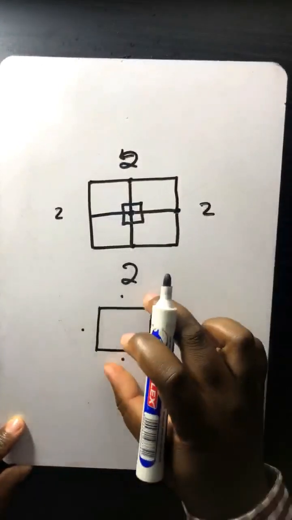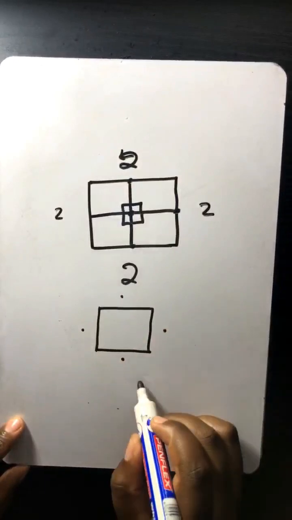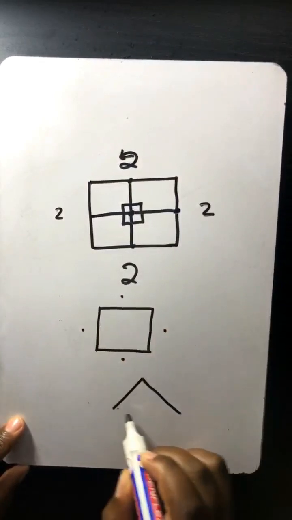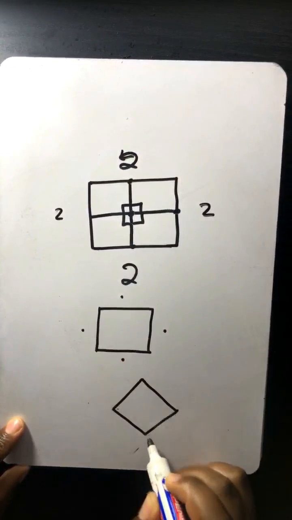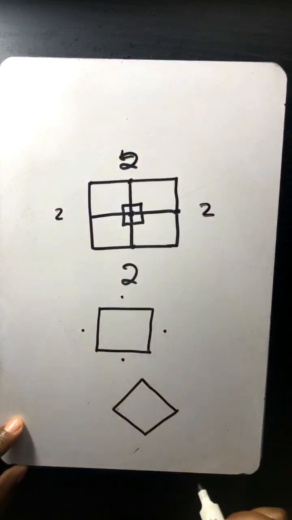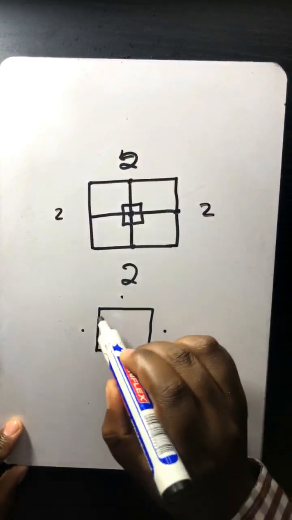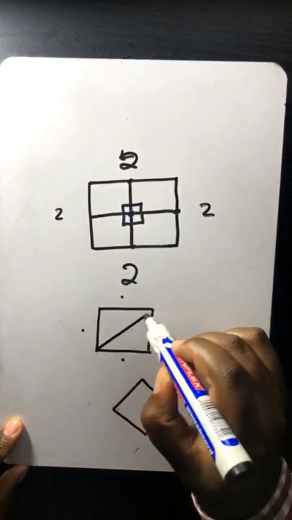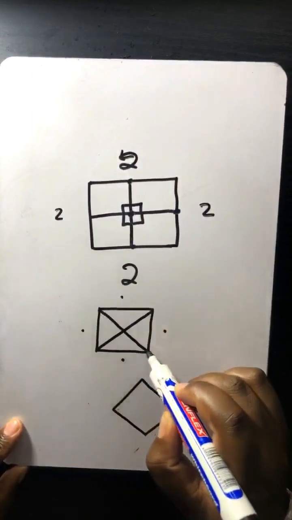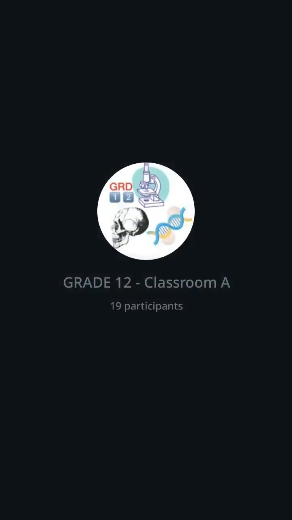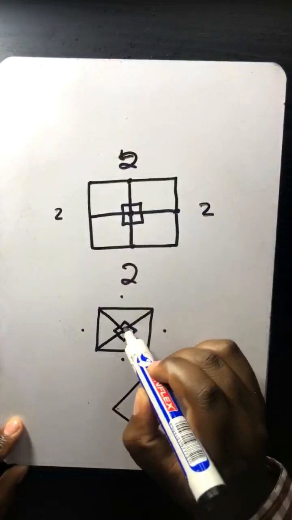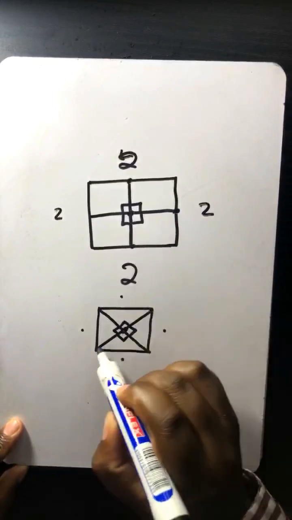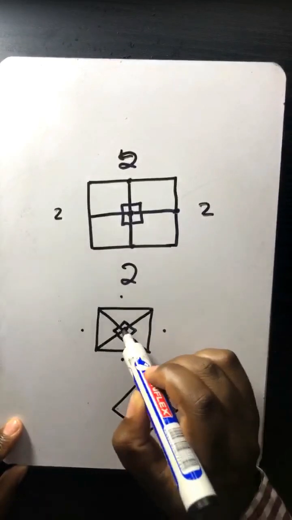But this square, you just tilt it, and when you tilt it, it now looks at an angle, but it's still a square. So on this square, if you do that and you do that, it forms 90 degrees, 90 degrees, 90 degrees, 90 degrees. Meaning from here to there it's equal to there, still equal to there, still equal to there.